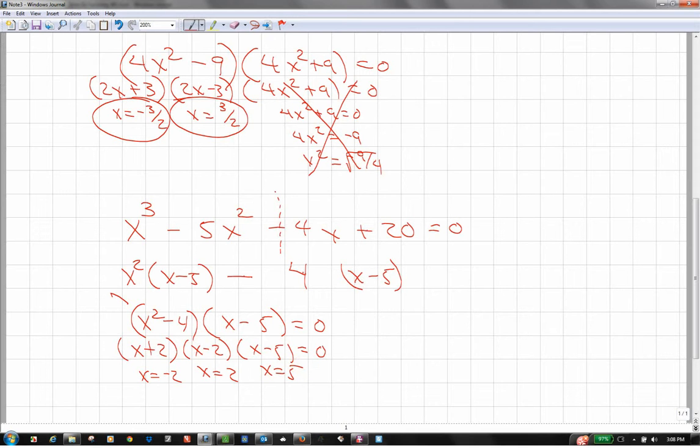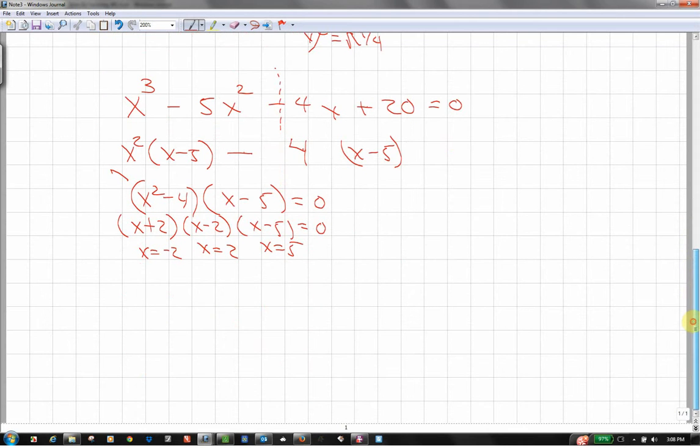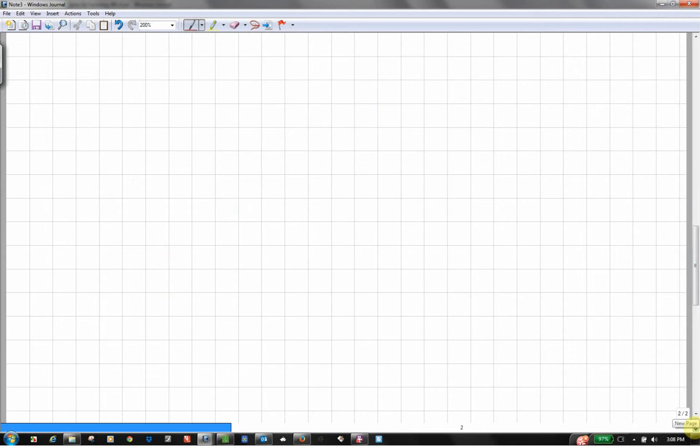One more example of how to solve, and it's also how to factor. If I have 4n to the fourth plus 40n squared plus 84 equal to 0, and I have to factor it, what kind of factoring technique will I use?